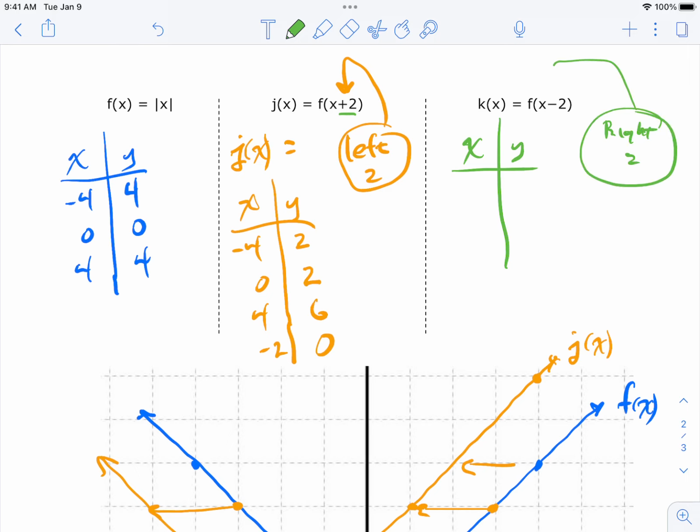If you want your graph to translate to the right by 2, that's how you do it. You would take the equation and replace x with x minus 2. In other words, take the absolute value of x and change the x into an x minus 2. And that will go to the right.